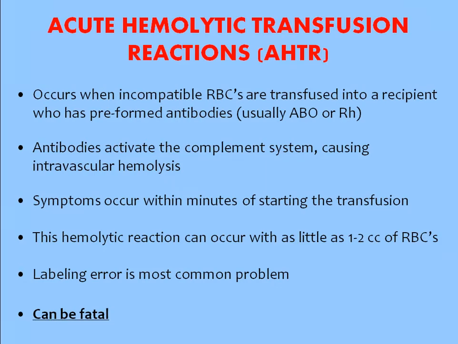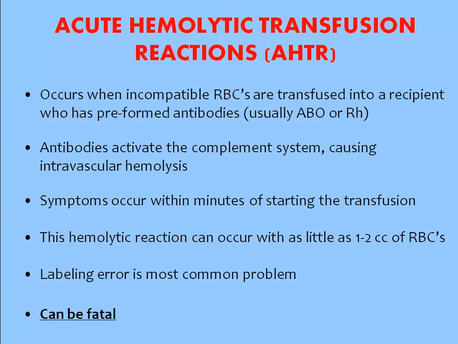If it is severe, it can lead to disseminated intravascular coagulation also. Symptoms will occur immediately after starting transfusion, that is within a few minutes. It can occur with as little as around 5 ml of RBCs also. Most common problem that you have to look for will be labeling error in the blood bank. They can be fatal.